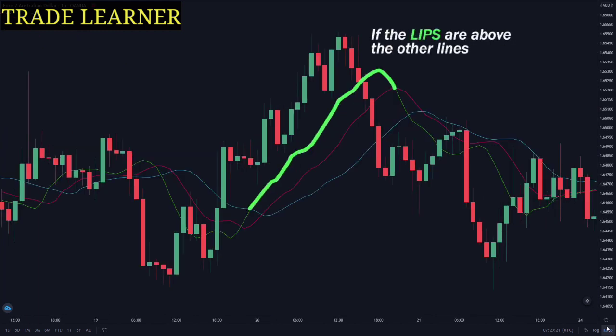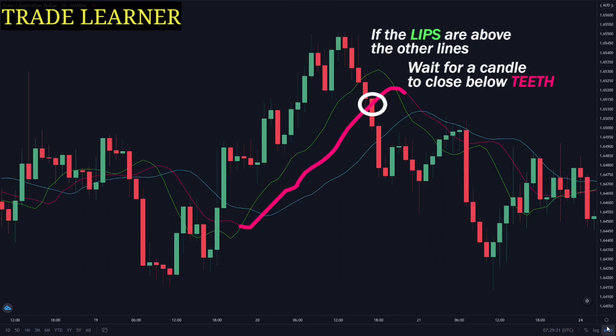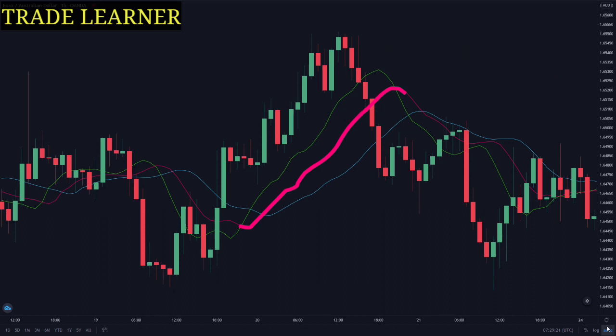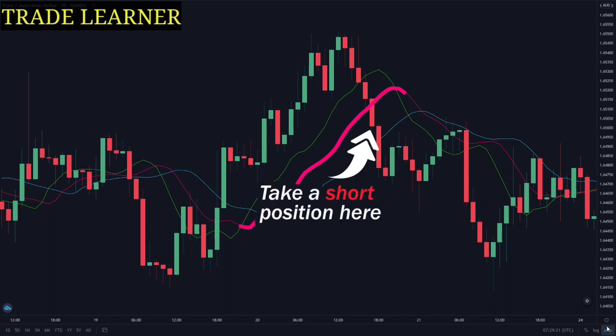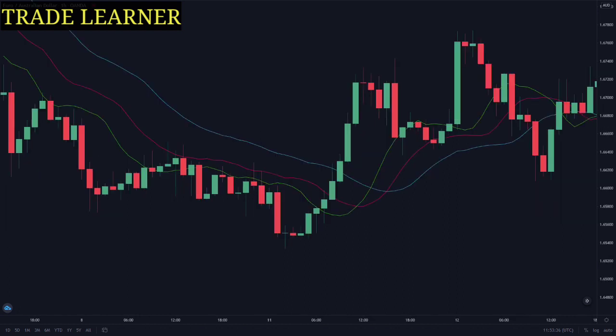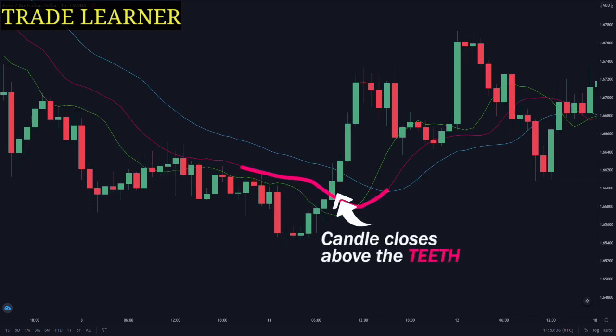If the lips are above the lines, you wait for a candle to close below the middle line, the teeth. So if the green line is above the other two lines and a candle closes below the teeth, you take a short position. It's the same with the long position. If the green line is below the other two lines and a candle closes above the teeth, you take a long position.